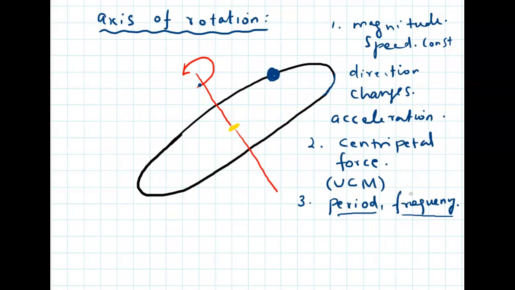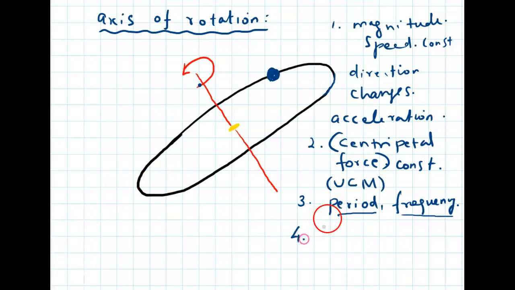In uniform circular motion, the magnitude of the centripetal force acting on the body is constant. And the angular speed, radial acceleration, kinetic energy, and momentum are all constant.